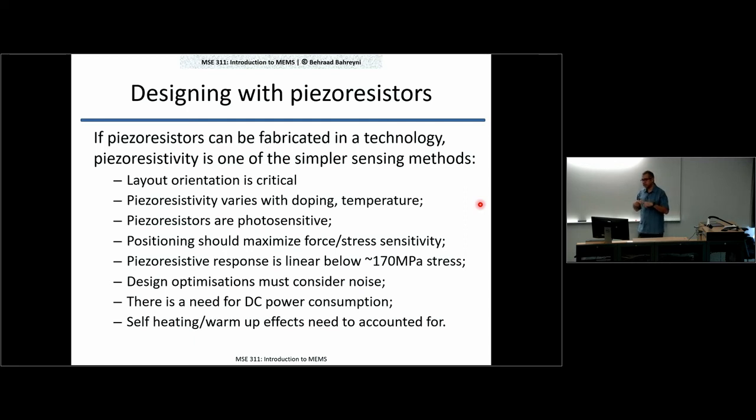Now the problem is that your piezoresistors are almost always temperature sensitive too. So by heating it up, you change the resistance, and you have to take that into account. You definitely do not want to make it so hot that it measurably changes the resistance. What that means is that you have to use small currents in order to measure that resistor.